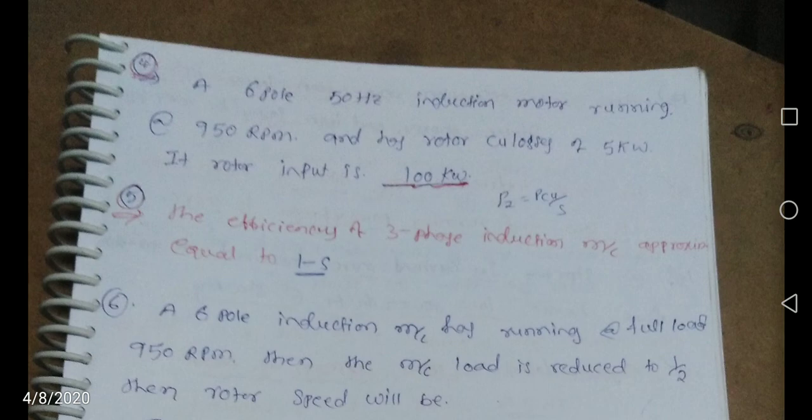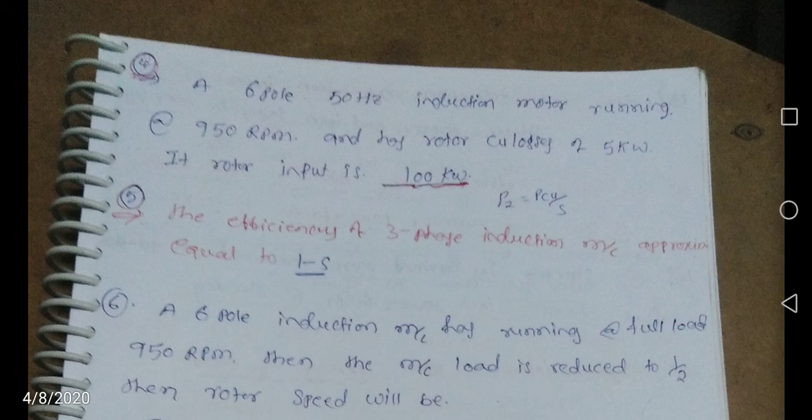Now next question. A 6-pole 50 Hz induction machine running at 950 rpm has rotor copper losses of 5 kilowatt. What is the rotor input?